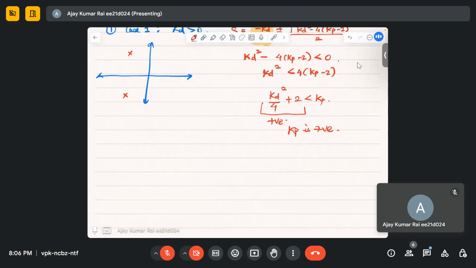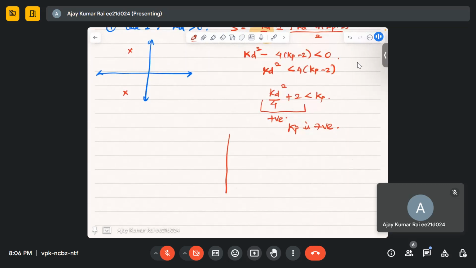So the system is stable. If I draw Kd versus Kp, I'm getting something like this. This is Kd and this is Kp.